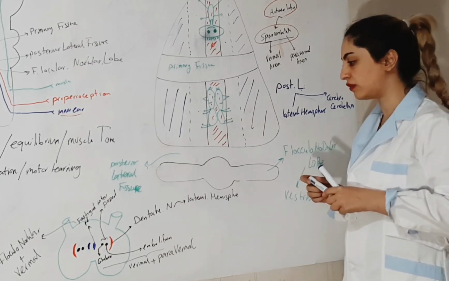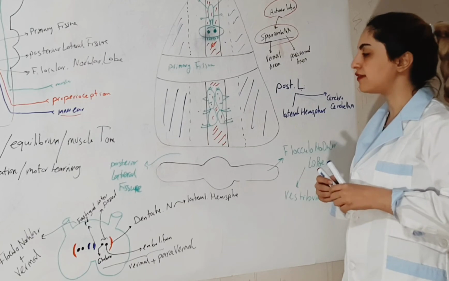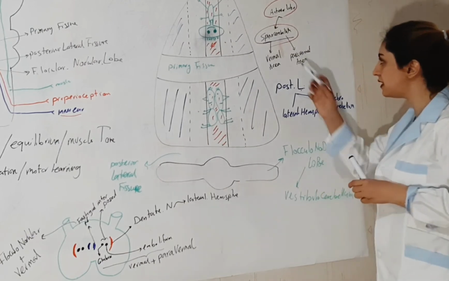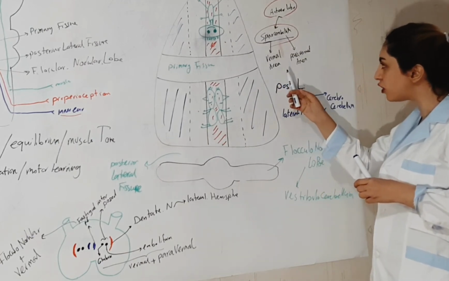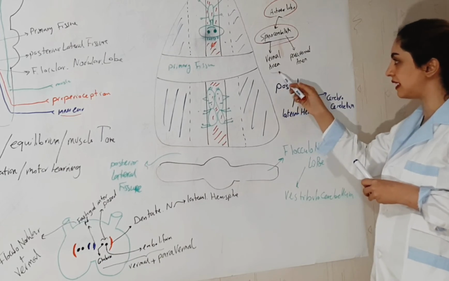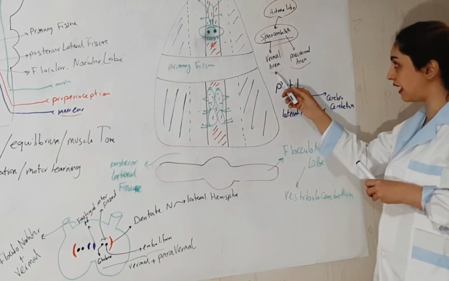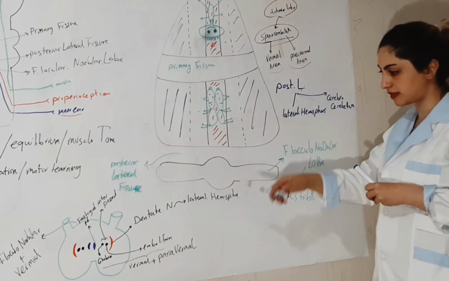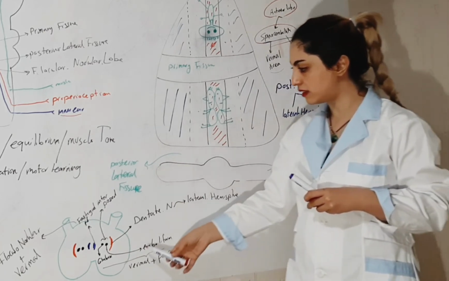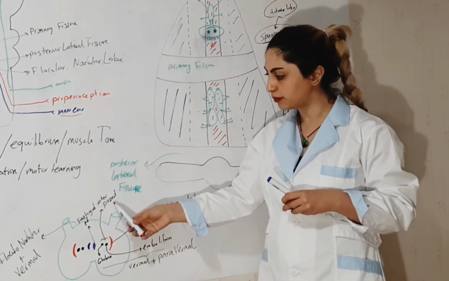You can go and watch it. So it receives information from these parts, and the nuclei are the emboliform and the globose. These two are called the interposed nucleus.